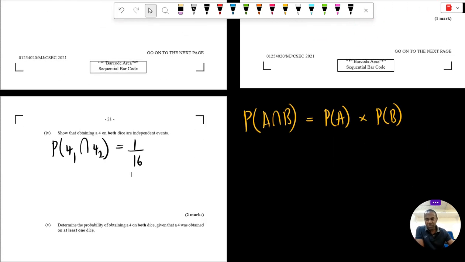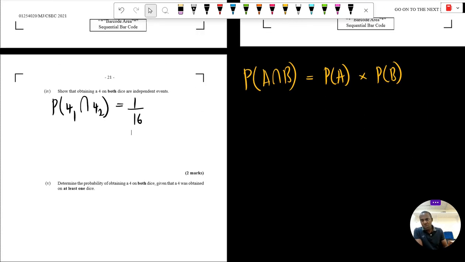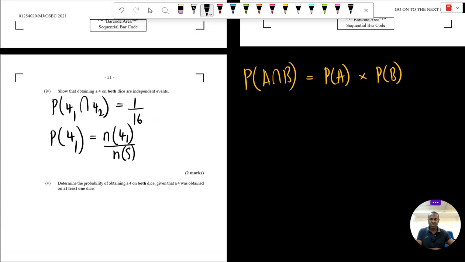Now, to show that these two events are independent, we must now work out the probability of obtaining a 4 on die 1, right? And this is going to be equal to the number of events where we have a 4 on die 1 divided by the total number of events in the sample space.